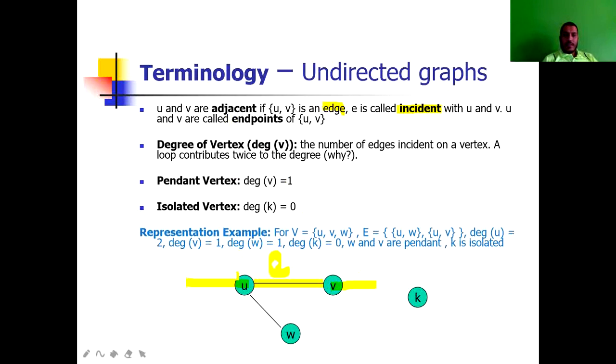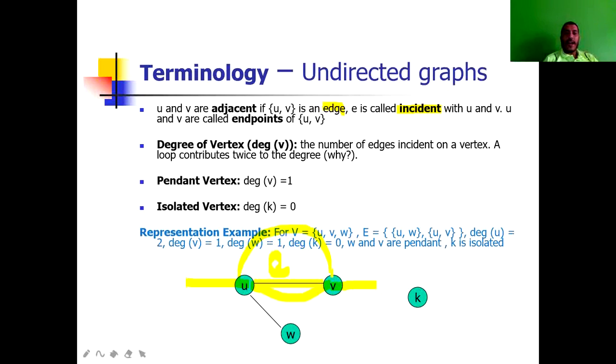So when an edge is incident on two vertices, this edge becomes incident and these two vertices become adjacent vertices. Please remember this.